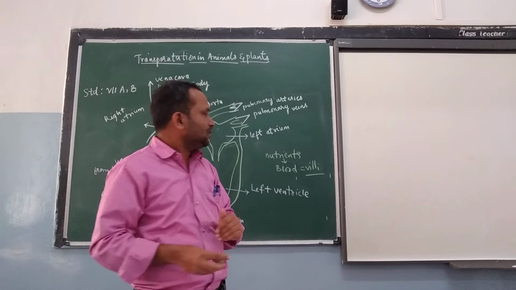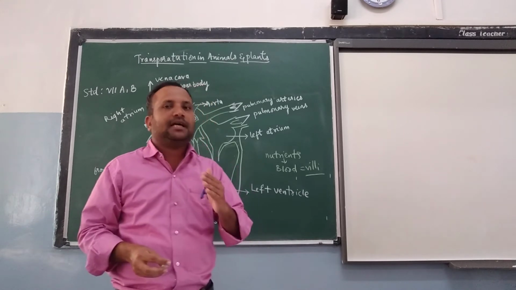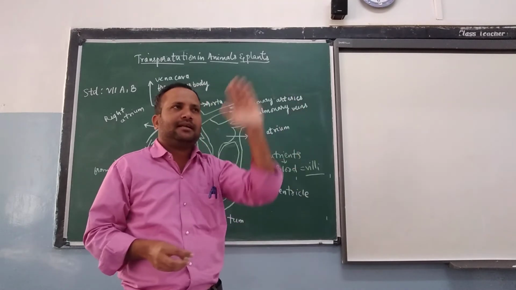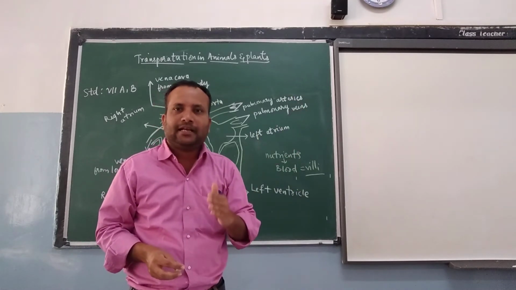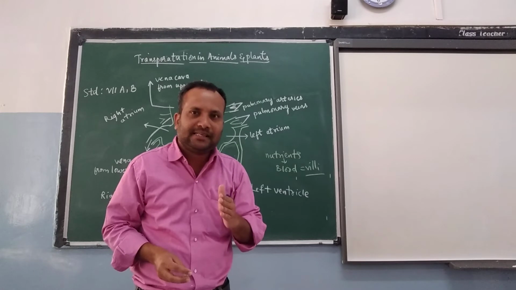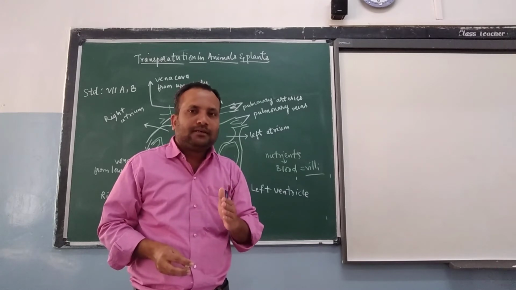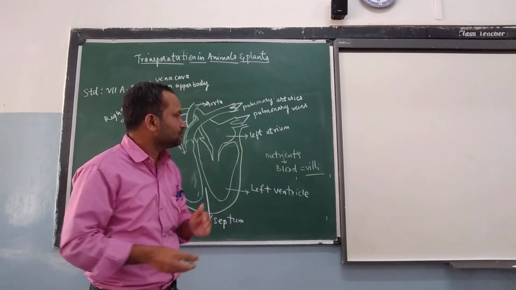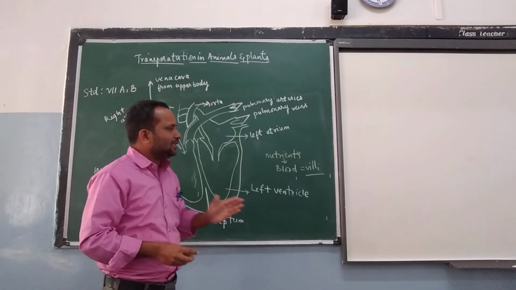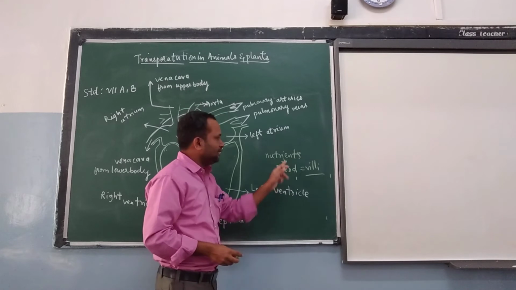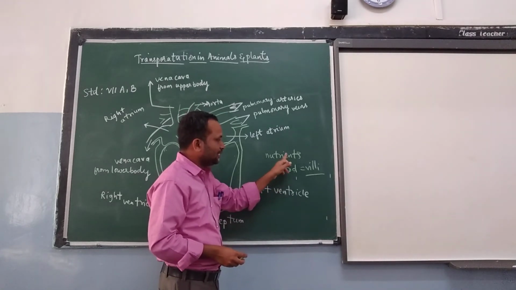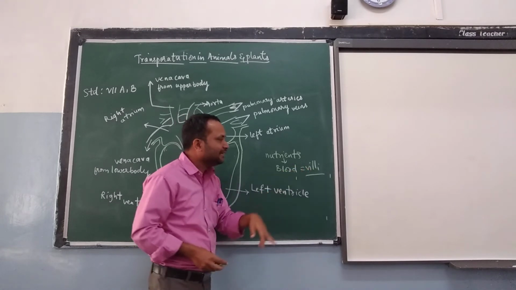Children, these villi are very hair-like growths which we can see in the inner walls of the small intestine. Actually, these villi are going to convert the nutrients into blood.